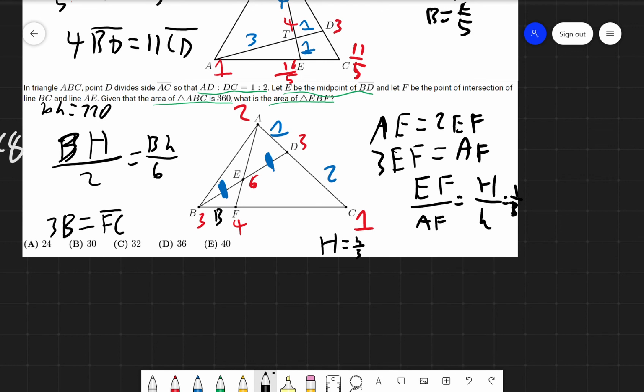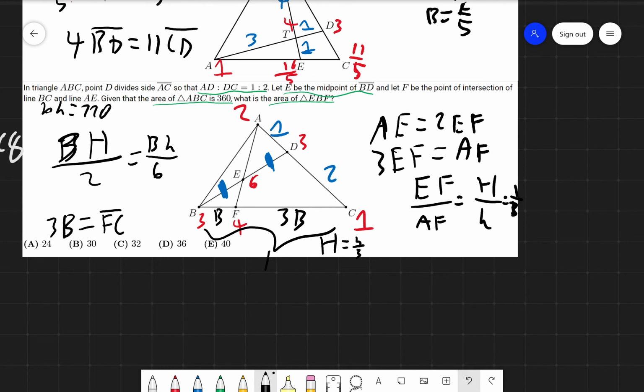And so now we can also notice that the base of triangle ABC is BC, right? So what you can see here is that FC is 3 times B. So this is 3B. So the total is 4B.